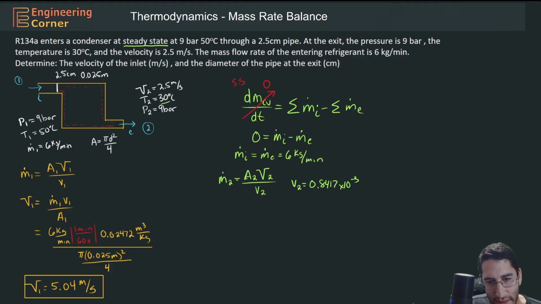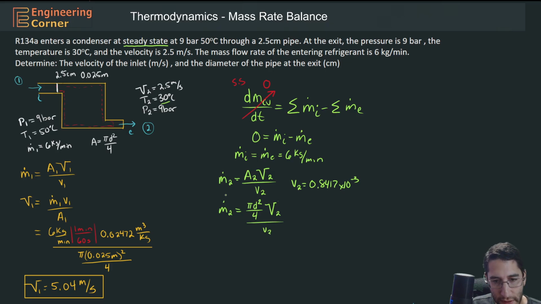So let's solve this for D. Let's do one step first. So this is m dot 2, and this is going to be pi D squared over 4 times V2 over v2.